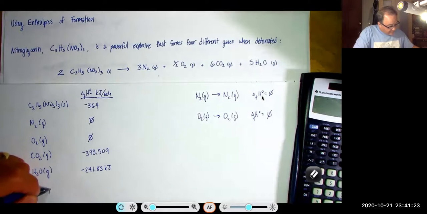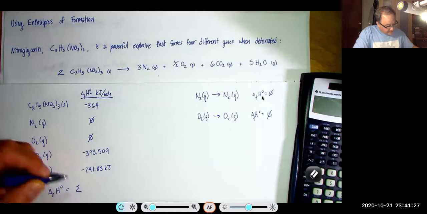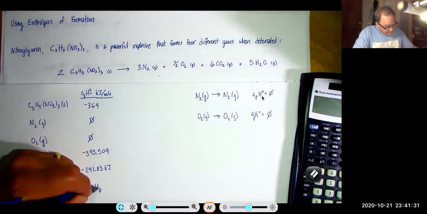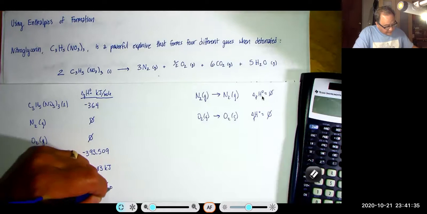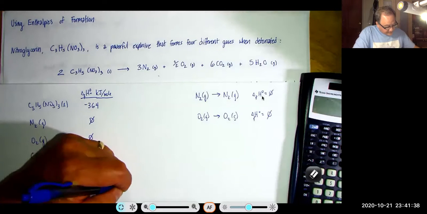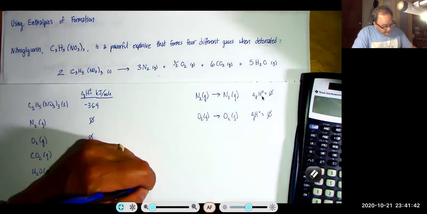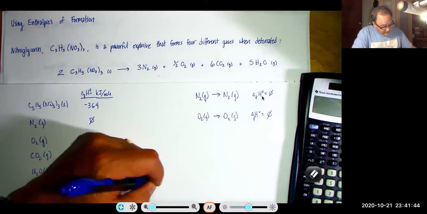So the enthalpy of reaction is going to be the sum of n times the enthalpy of formation of the products, minus the sum of n times the enthalpy of formation of the reactants.